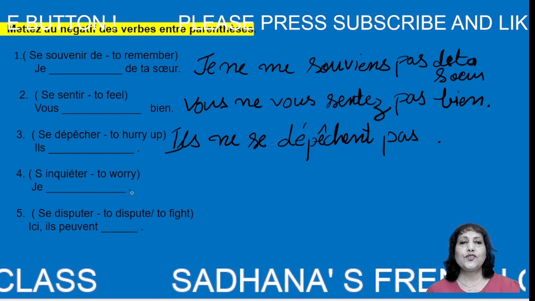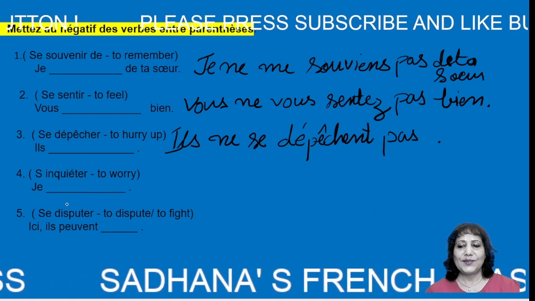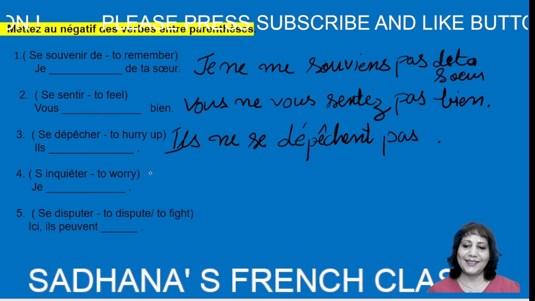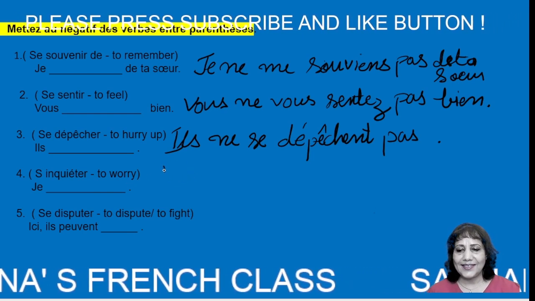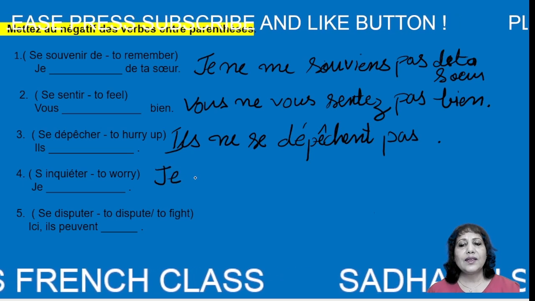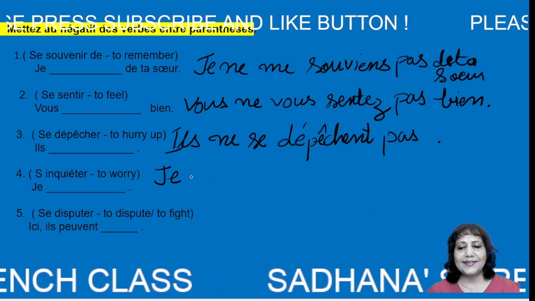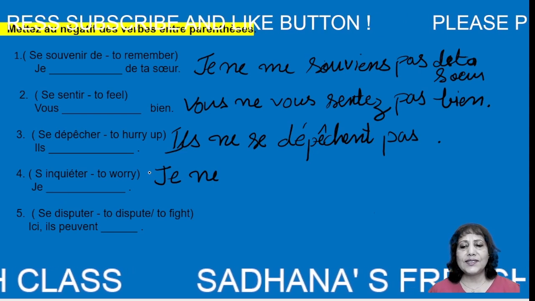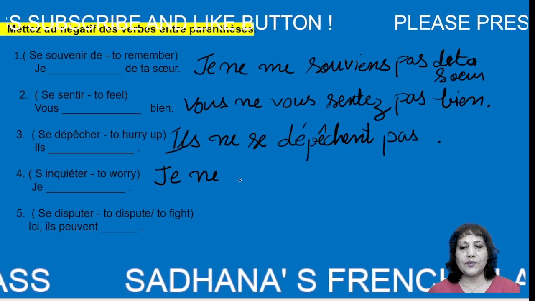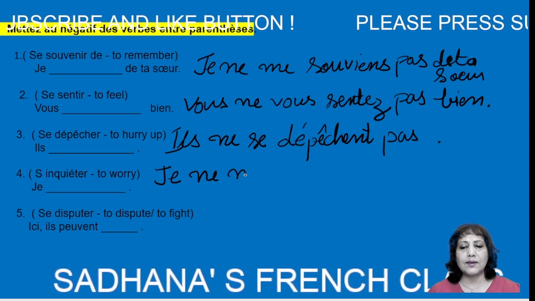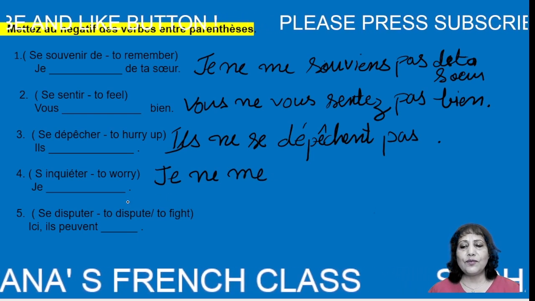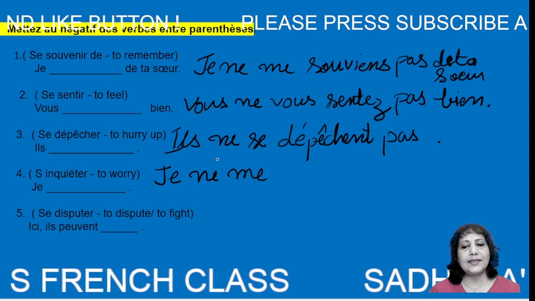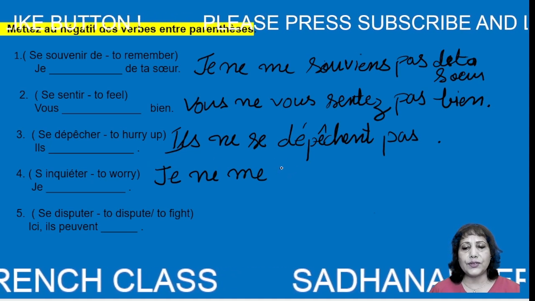S'inquiéter, to worry. So the negation, don't worry. You are going to learn that. Isn't it interesting? Yes, it is. So je, what are we going to write here? Ne. What is the reflexive pronoun? It is me. By now I think you have memorized. Then what we will do? Inquiéter, like any regular -er verb, we will conjugate it.